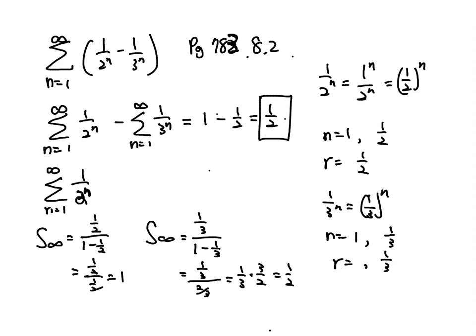Okay, so there are different types of problems that you come across with the geometric series, but as long as you know how to find the sum, you should be all right. Now the next part: the geometric series can also be used to change repeating decimals to fractions.